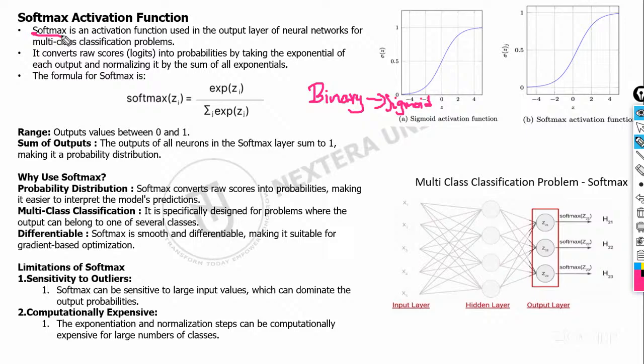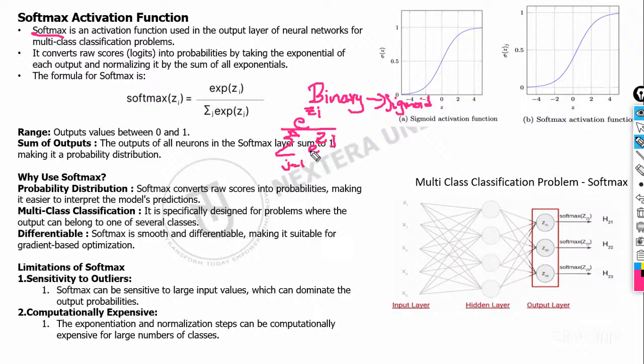Softmax function will be used as an activation function in the output layer. It uses this particular formula: e power zi divided by the summation of e power zj, where j equals 1 till n.